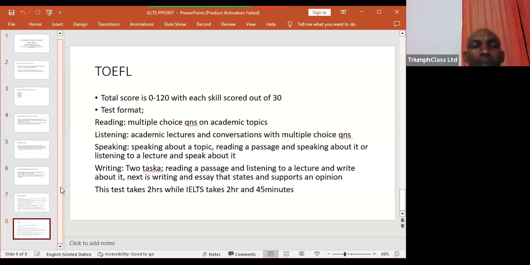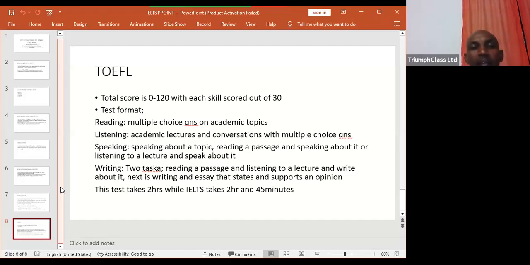That is with IELTS. Now, IELTS is not very different from TOEFL, apart from how the format or the structure of the test looks on paper. So whereas what we've talked about is for IELTS, this is TOEFL.